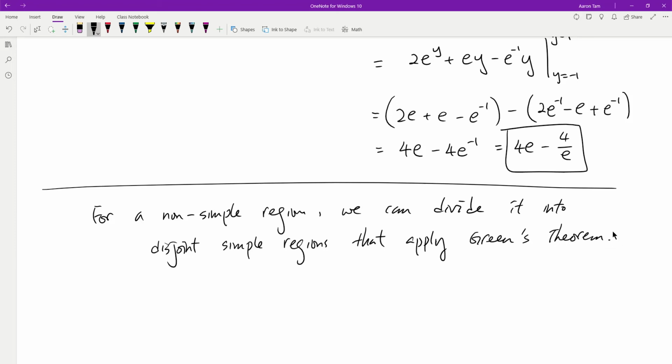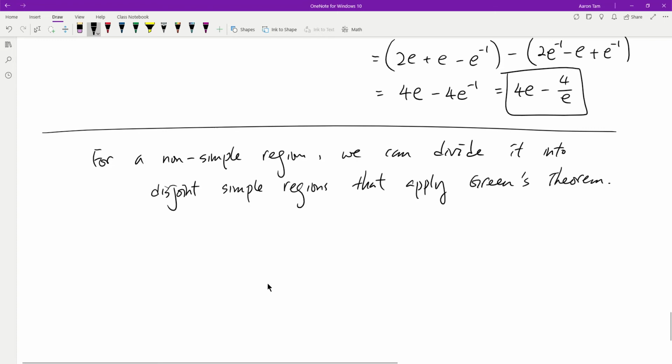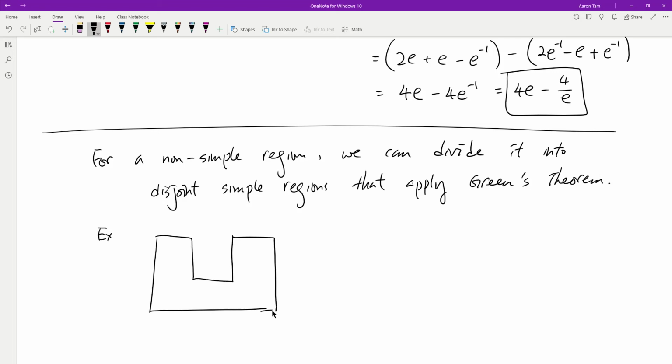Now, one thing students often get worried about is what happens when you divide the regions. Imagine the following example. Suppose I have these regions right here, and this is alpha. Just assume that all these lines are either horizontal or vertical.